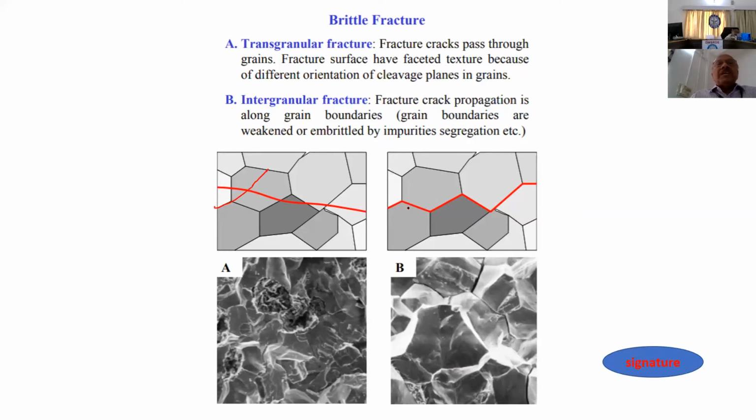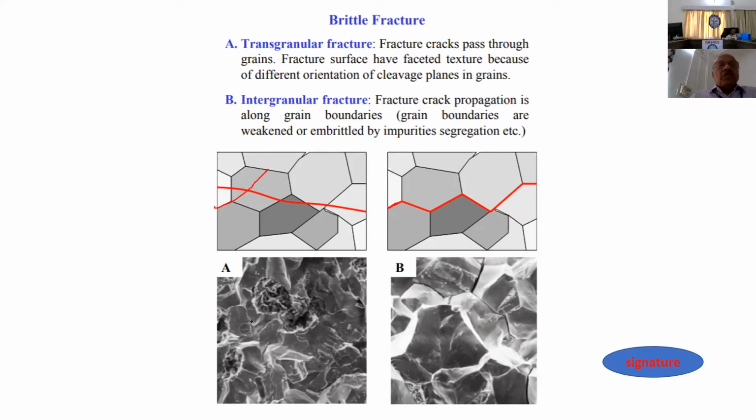And then you have the intergranular fracture, that is the crack is propagating along the grain boundaries. There also it's a grain boundary phenomenon. So the grain phenomenon is not much. It is the grain which gives you the deformation and the plasticity and the elongation. Since there is hardly any activity in the grains, the whole operation is along the grain boundary. Again, we will have very little ductility.